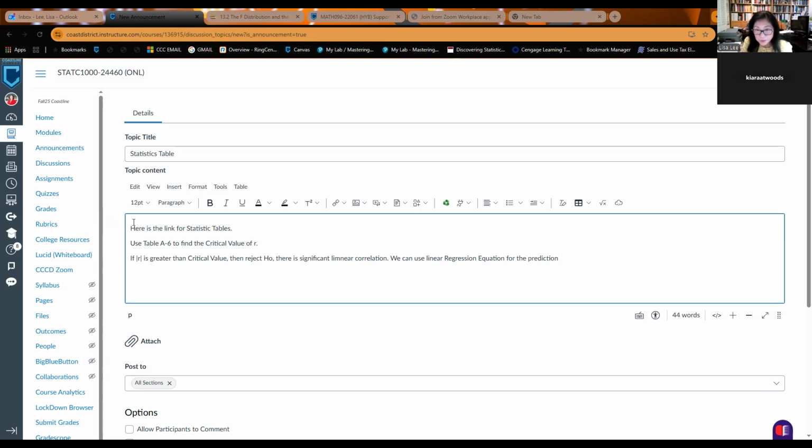Some problems ask you to predict something. If you find that this R is significant, then we can use that equation, just plug in the X and find out the Y.